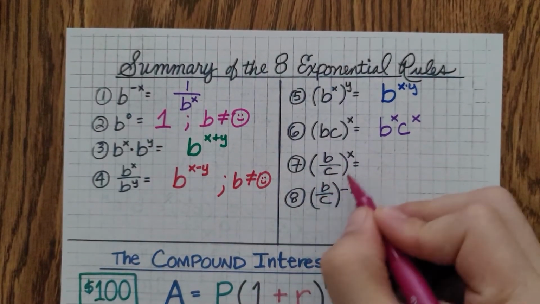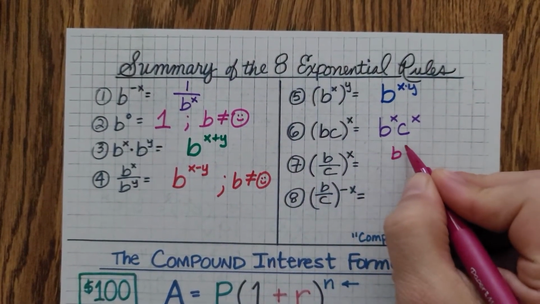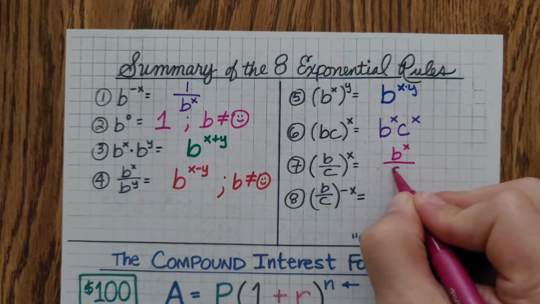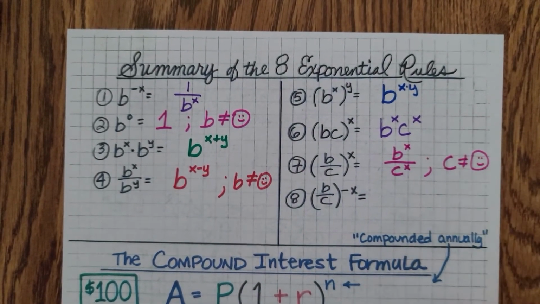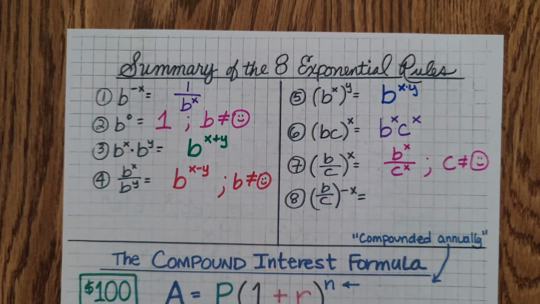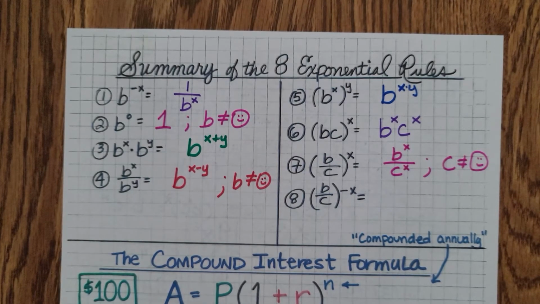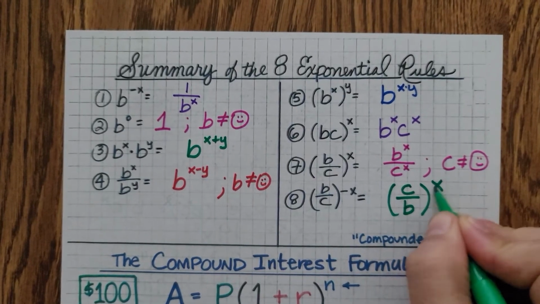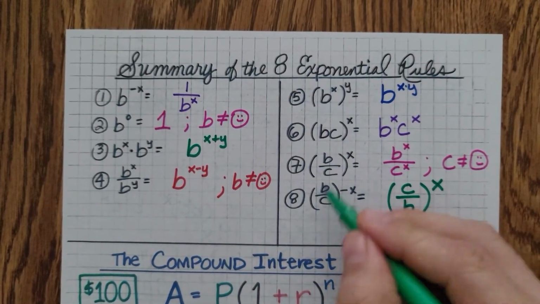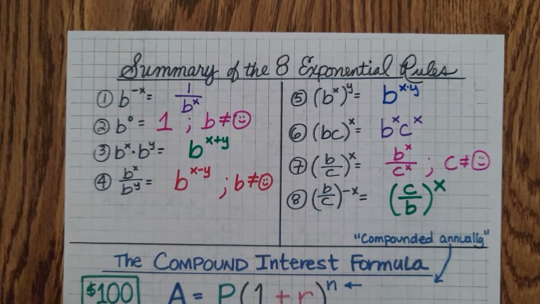B over c all raised to the x is equal to b to the x over c to the x, as long as c is not equal to 0. And I threw this one in there myself. B over c all raised to the negative x is the same thing as c over b all raised to the positive x. The negative x becomes positive and the fraction gets reciprocated.